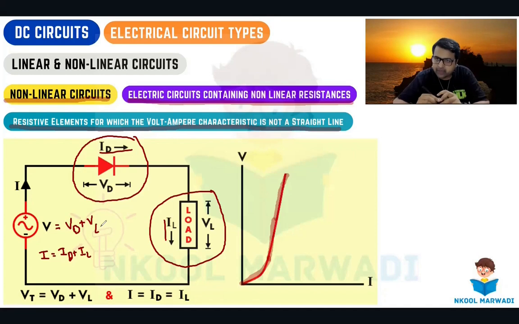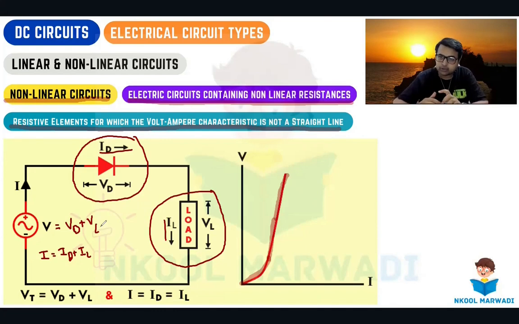But now when I take different voltages and measure the current across the diode, I will not get a straight line. For now, remember this; later on we will prove it. We will get a feel that whenever we introduce a diode in a circuit, that circuit will become non-linear. Diode makes a circuit non-linear.